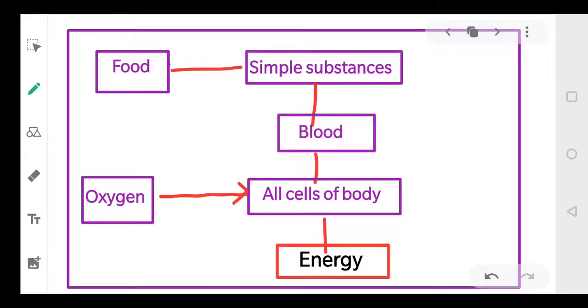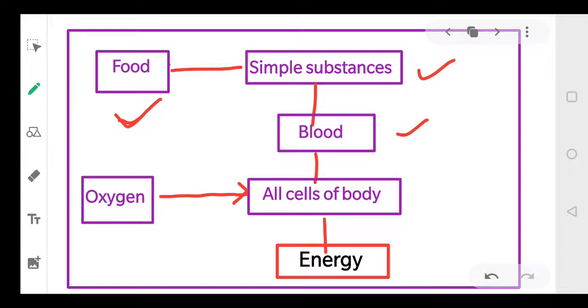See students, in chapter 16 we talked about the food we eat when we are hungry. ठीक है, हमें भूख लगती है तो हम खाना खाते हैं. Then the digestive system converts that food into simple substances. These simple substances are put into the blood.